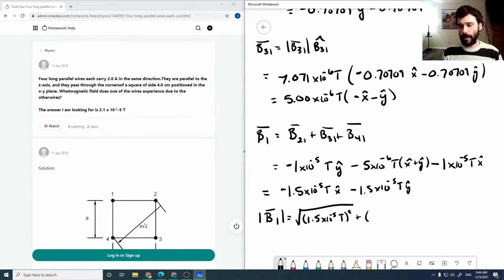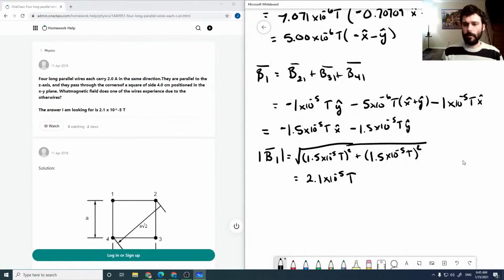And I've gotten rid of the negative sign, as the square of a negative is a positive. And that comes out to be 2.1 times 10 to the minus 5 Tesla. And so then there's our B field at 1.